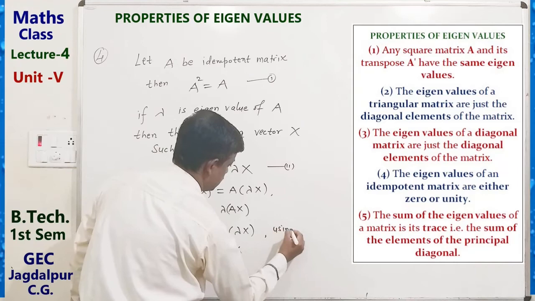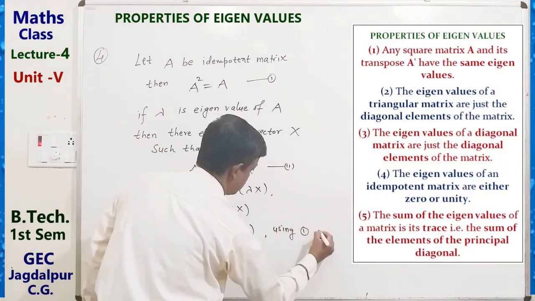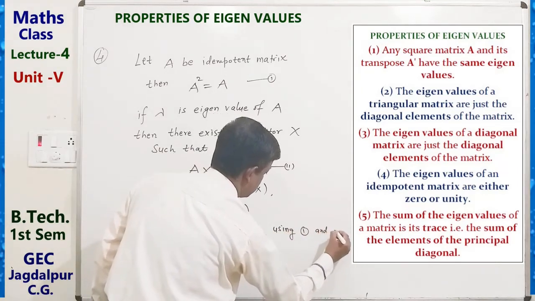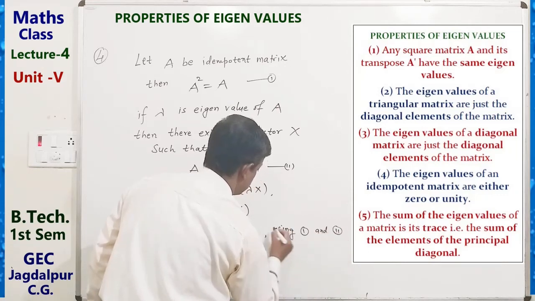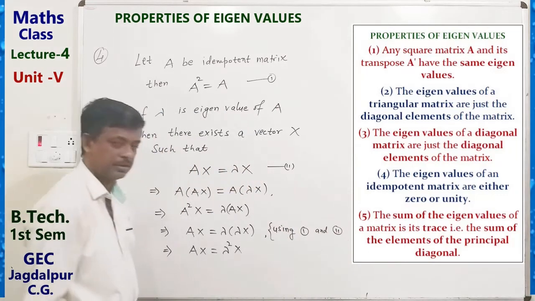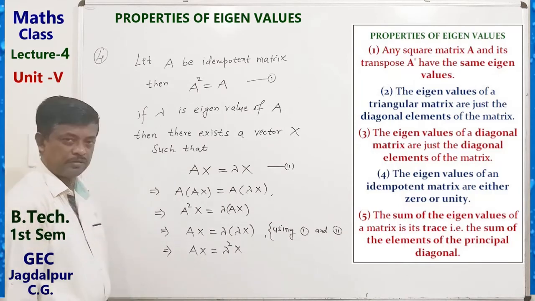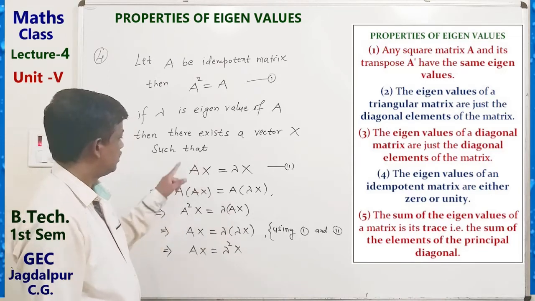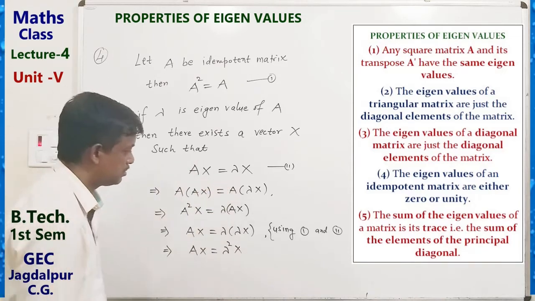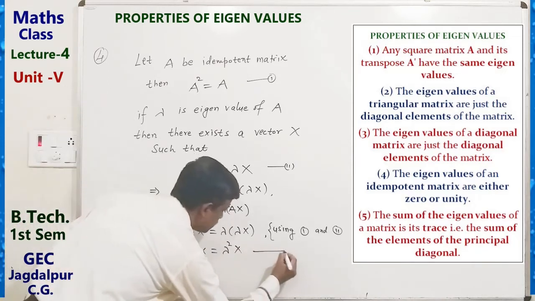Using 1 and 2. Clear? Now here, see, Ax equals lambda square x, and Ax equals lambda x. So this is third.